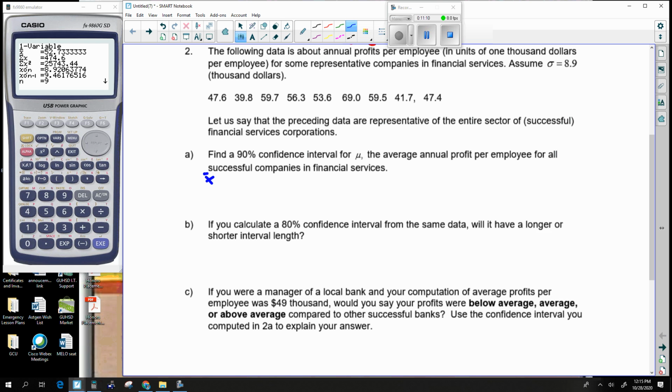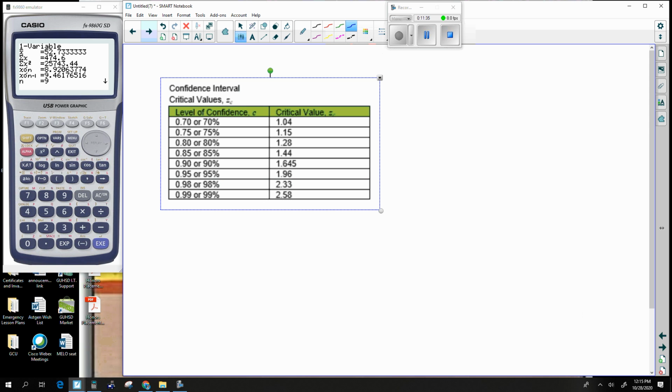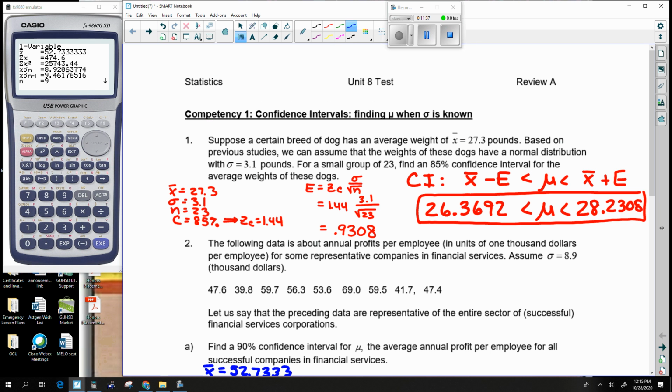All right, so let's go ahead and get to work. I see that the average of this sample is 52.7333. The standard deviation that they want me to use is given in the problem. It's 8.9. Sample size was 9, and I want a confidence of 90%. So the ZC of 90% would be 1.645.